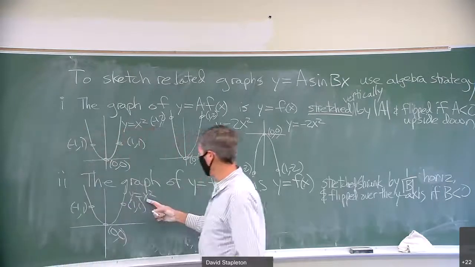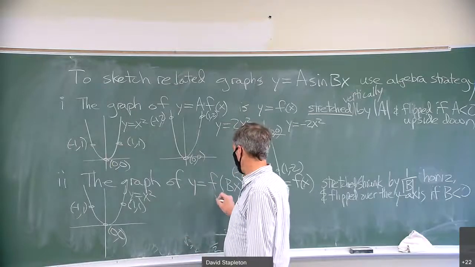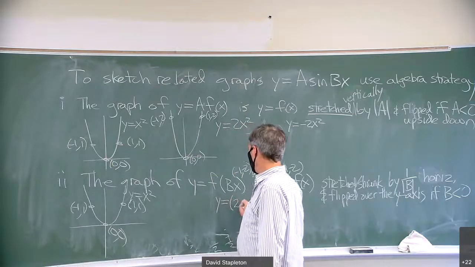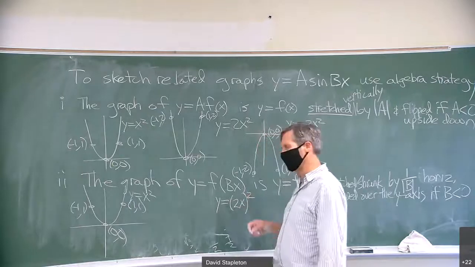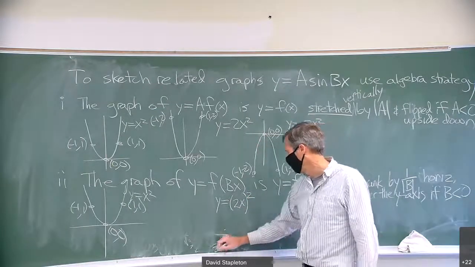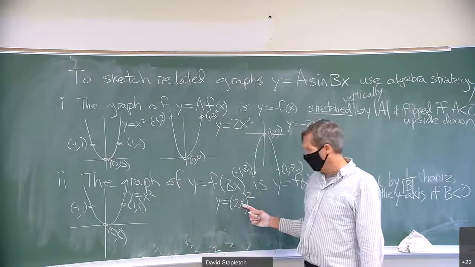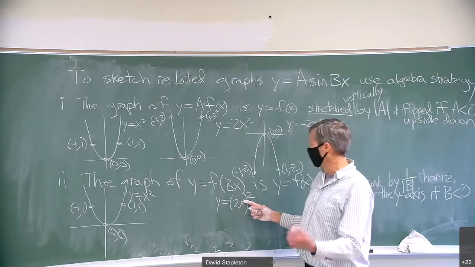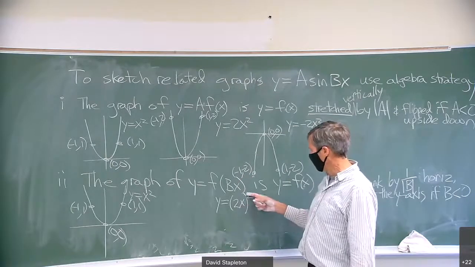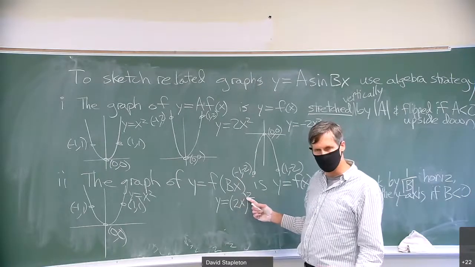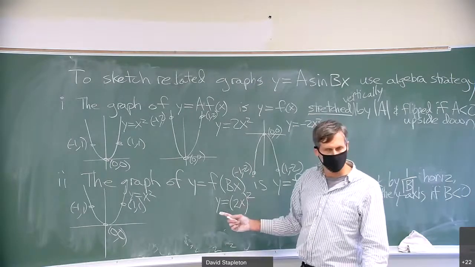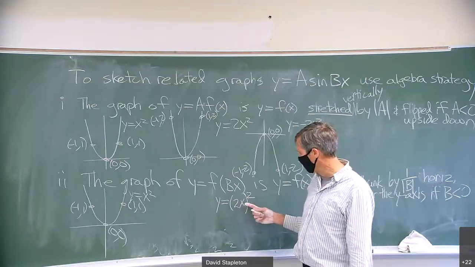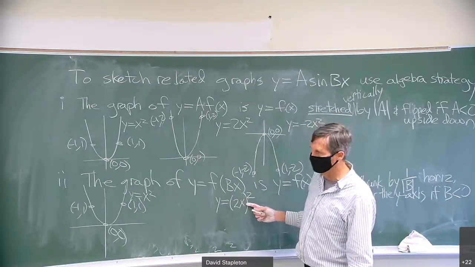Now if I replace x by 2x, let's say, and I want to graph y equals (2x) squared, so everywhere I see x, I put 2x. Now what happens? It's horizontally stretched by a factor of 1 over 2. Now x only has to be half as big to square to the same number. So when x is half as big, you get the same y. If you put in 3x squared, then x only has to be a third as big to get the same y.